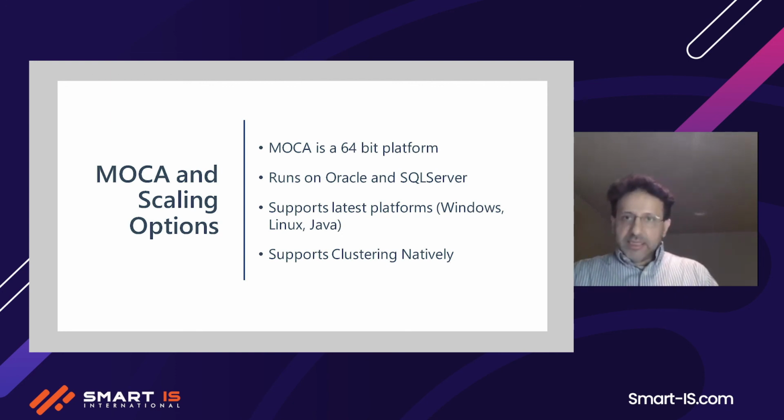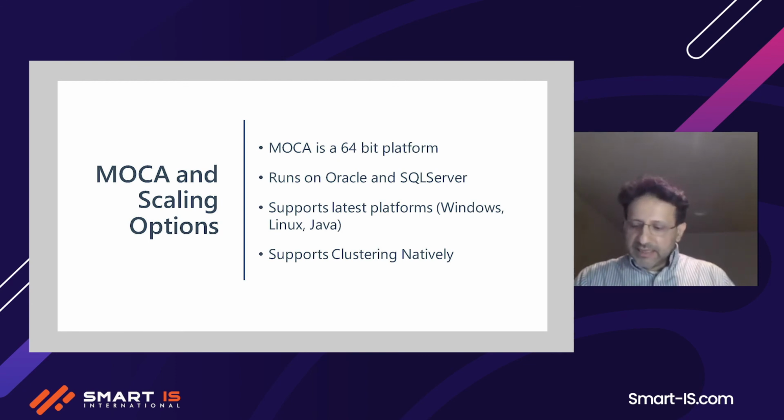Scaling out is also natively supported in Mocha, which means that you can have a cluster. Cluster is basically a feature of scaling out. You can have any number of nodes in a cluster. They would be cluster aware, and we use industry standard technologies for that. They would know who the members of the cluster are and everything like that. That has been there in Mocha for a long time.